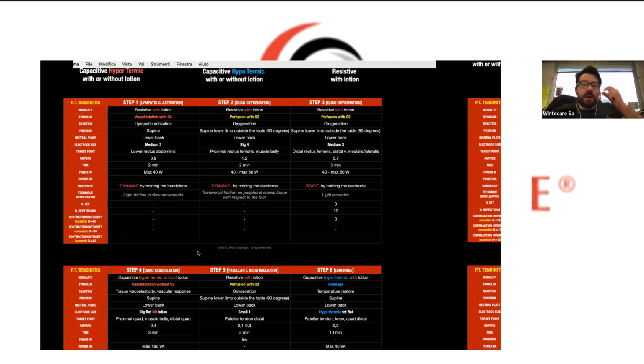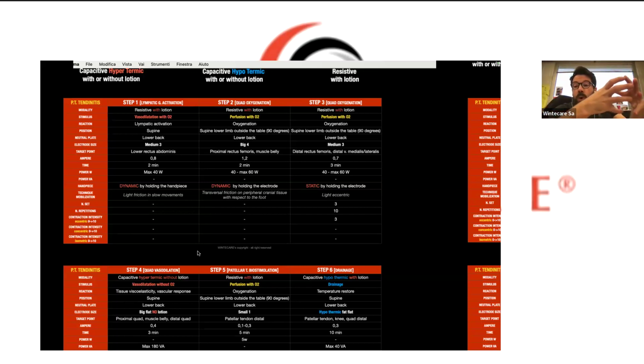We push with the current flow, in this case 1.2 ampere for 2 minutes, from 40 to 60 watts. We use it in a dynamic way by holding the electrode itself. Transversal friction, peripheral to cranial tissue with respect to the foot.